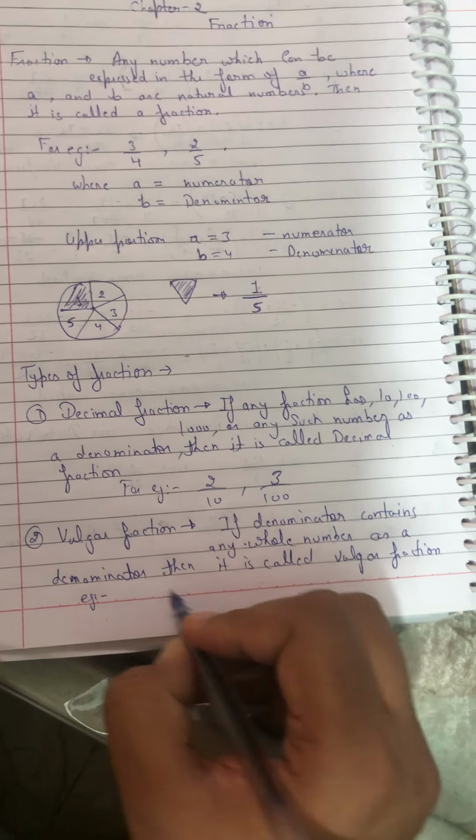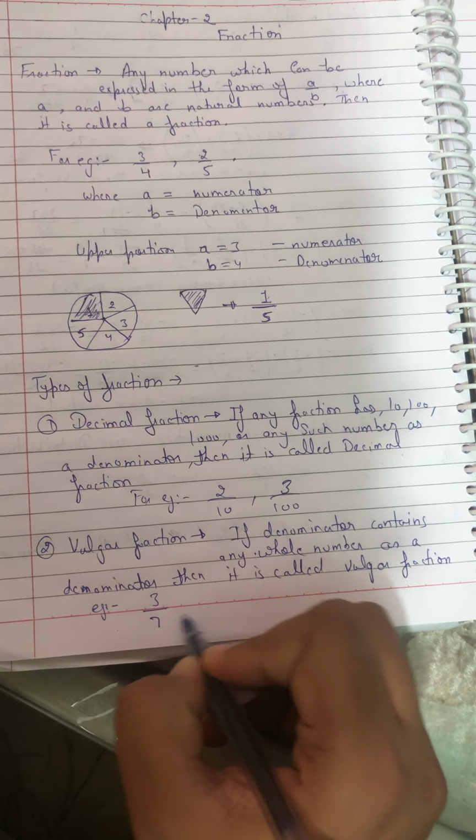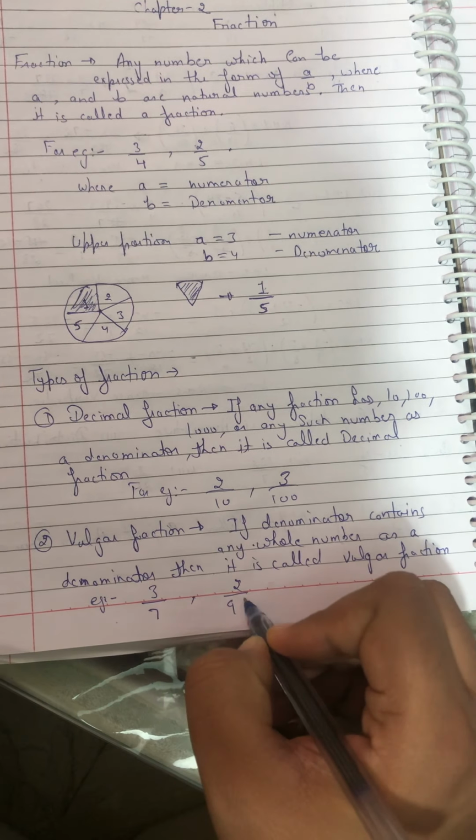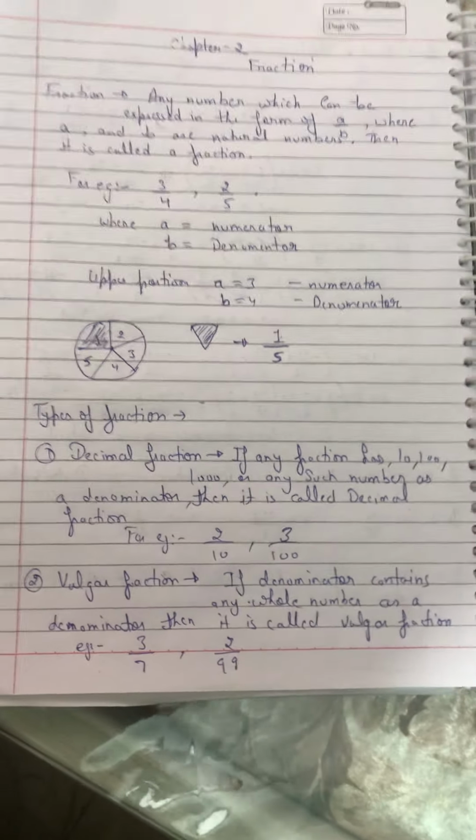Example: 3 by 7, 2 by 99, any such number can be represented as a vulgar fraction.